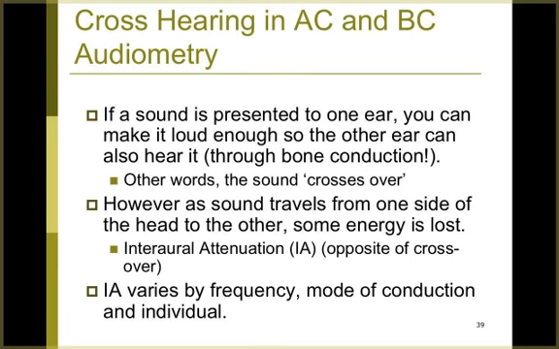That's the opposite of crossover, because interaural means between ears, and attenuation means reduction. Interaural attenuation is desirable for diagnostic pure tone audiometry, because if interaural attenuation is high, it means that less energy is crossing over from one side to another, and you're more likely getting ear-specific results. This interaural attenuation, or IA, changes by frequency, by the mode of conduction, and by the person you're testing.